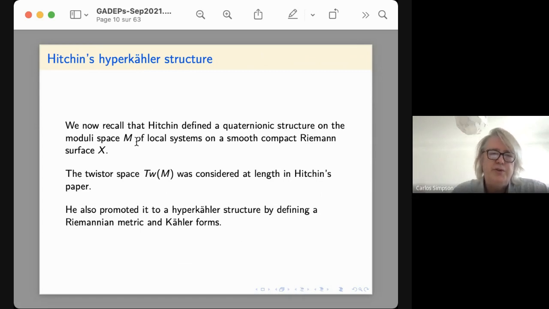So Hitchin, by solving Hitchin's equations and so on, is able to construct a quaternionic structure, and then you can define the twistor space of that quaternionic structure. The quaternionic structure was actually a hyperkähler structure because there's a Riemannian metric which corresponds to Kähler forms for each of the structures. For what we're saying today, we don't need the metric. You probably do actually need the metric, but so far no.